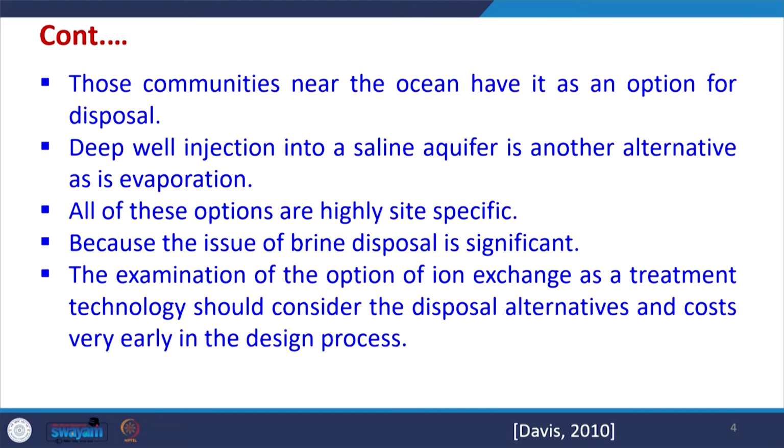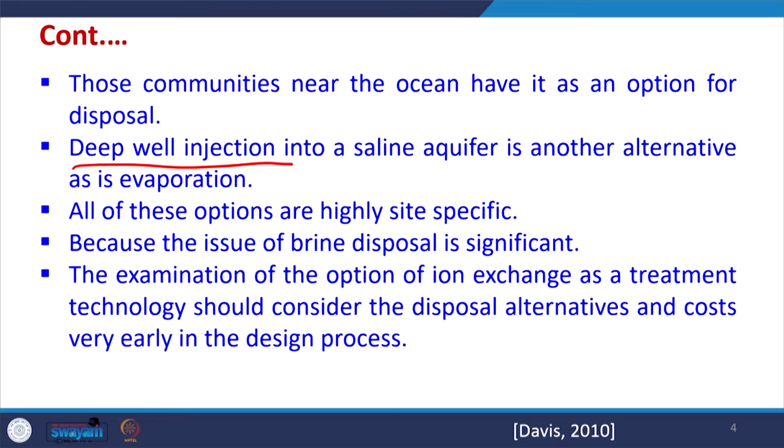Those communities which are near the ocean have the option of direct disposal to the ocean. Deep well injection into a saline aquifer is another alternative. So, all these options are highly site specific. It may be available, it may not be available.